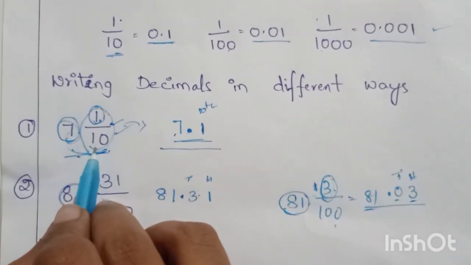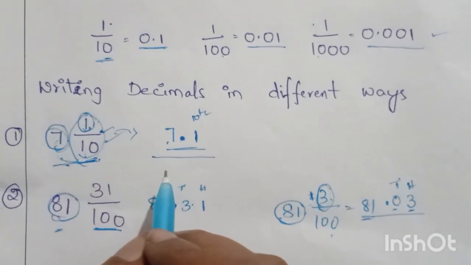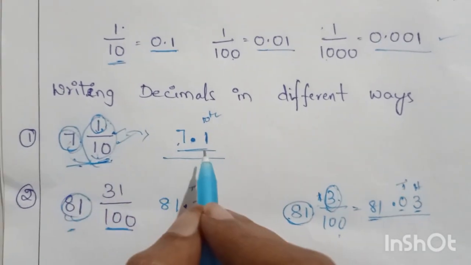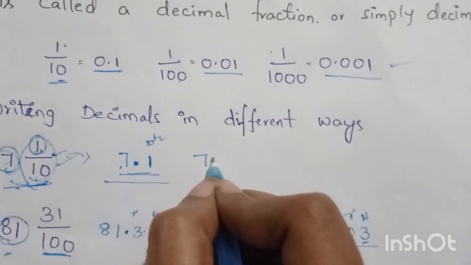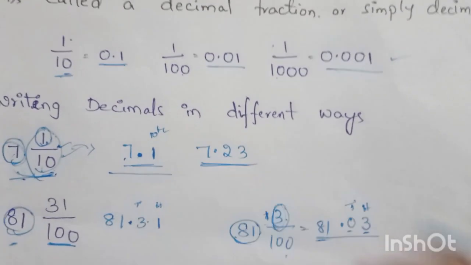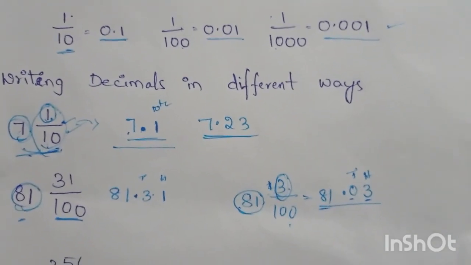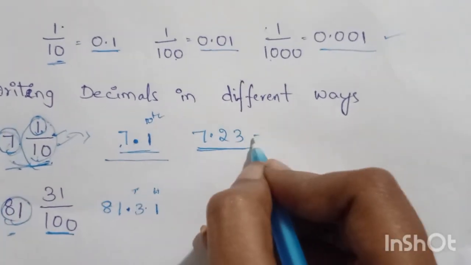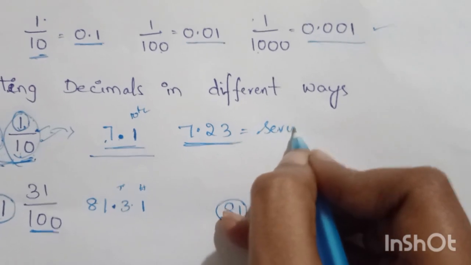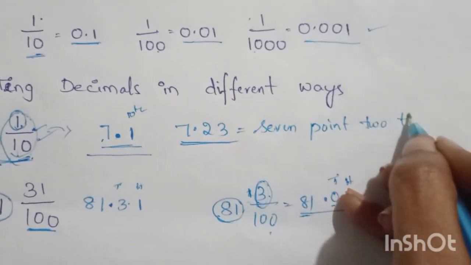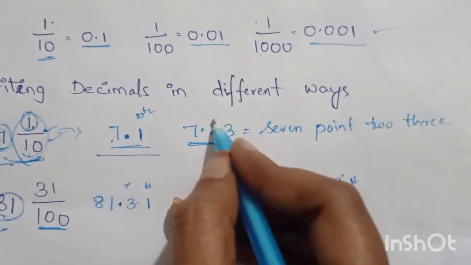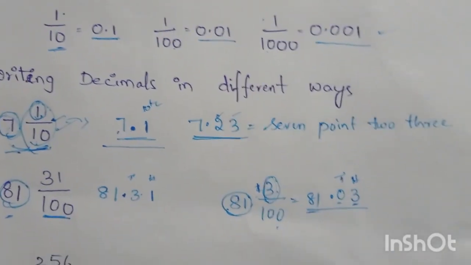If it is given in a mixed number and you are asked to find the decimal form, you are going to use this way. And if a decimal format is given directly, like I have given you 7.23, and you have to write it in a number name format, what will you do? You will write 7.23. So after the decimal we should read the digits separately. We shouldn't read them together.